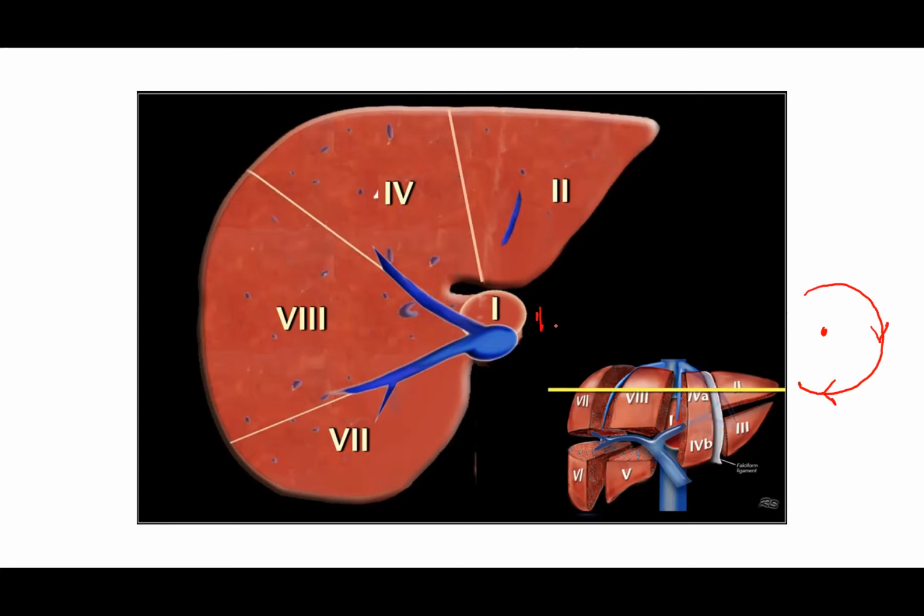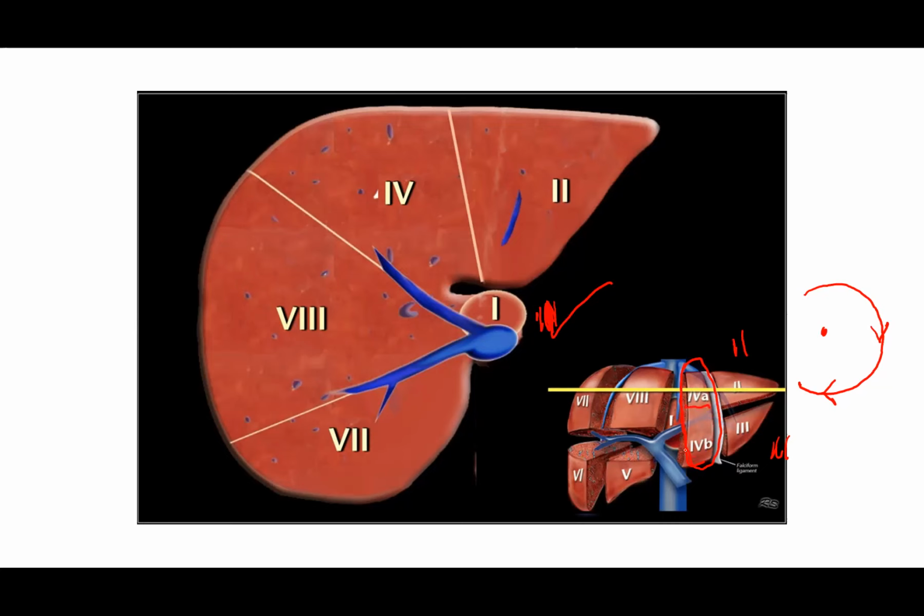caudate is segment 1. Then you have segment 2. You know the left lateral has upper and lower. You have segment 3. Then 4 now. This left medial has 4A and 4B.